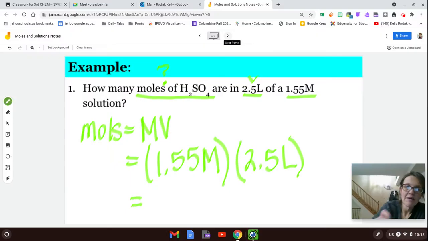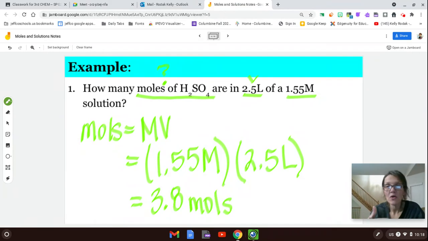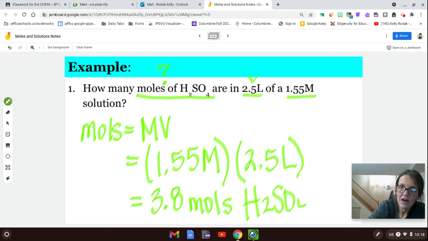And we're obviously multiplying there, so we're just going to take 1.55 times 2.5, and our answer is going to be 3.8 moles. And now we know exactly how many molecules of H2SO4 are in that particular solution. So we could do whatever calculation we needed to. Okay, nice and easy. Let's try another one.